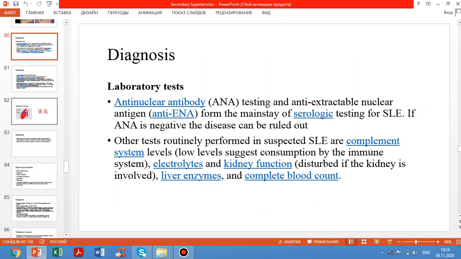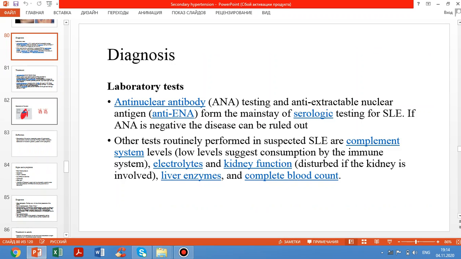Diagnosis. Laboratory tests. The first is antinuclear antibody testing and anti-extractable nuclear antigen, which form the mainstay of serologic testing for systemic lupus erythematosus. If antinuclear antibody is negative, the disease can be ruled out.